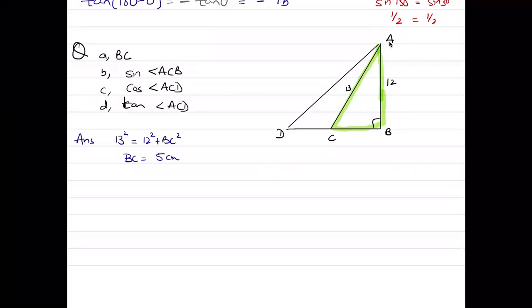Now the next part is to find sine of angle ACB. ACB is this acute angle. The ratio is going to be simple.